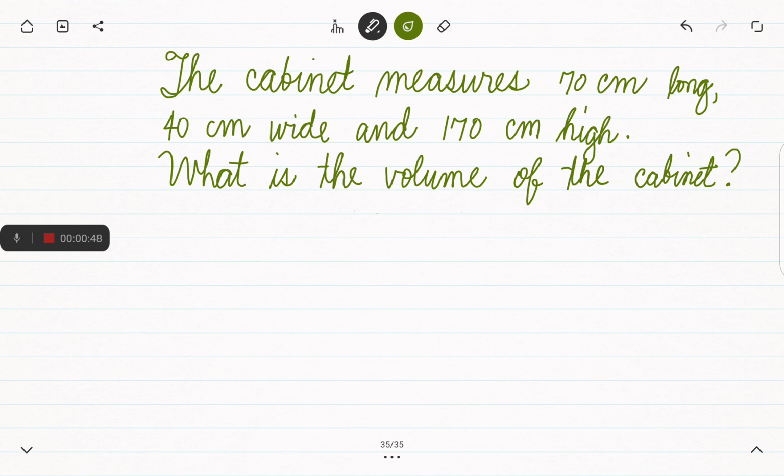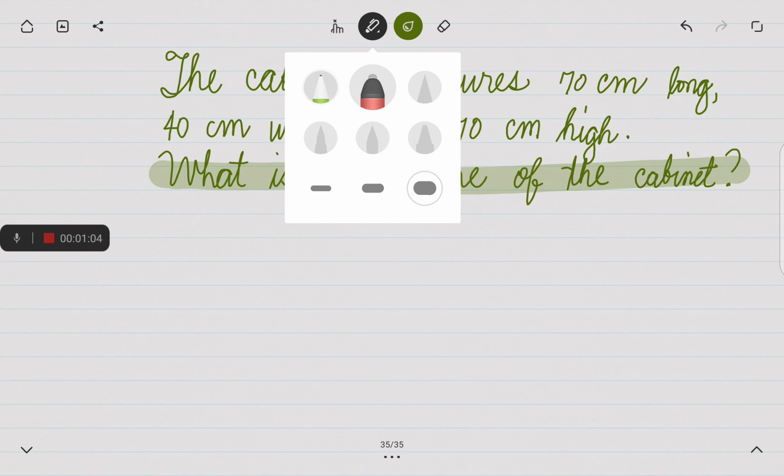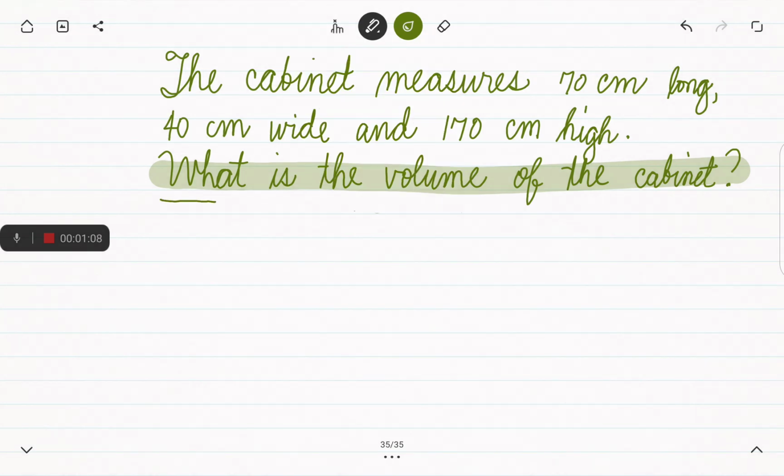And when it says question, it ends in a question mark and starts with what or a WH question. This one is a WH word and it ends with a question mark. So that is where we are going to look for the question or what is asked in the problem.